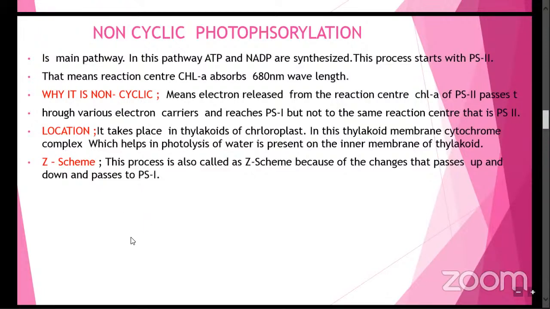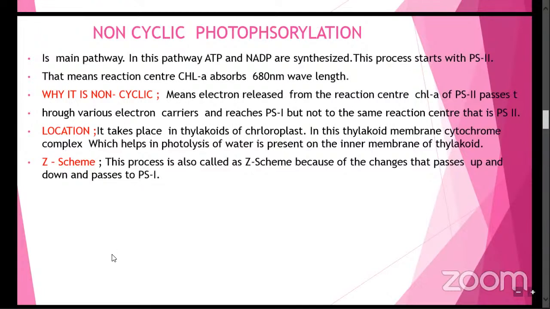Whatever electrons are released from a reaction center pass through various electron acceptors, and finally they do not come back to the same reaction center. They are received by another reaction center pigment. That's why it is called non-cyclic photophosphorylation.